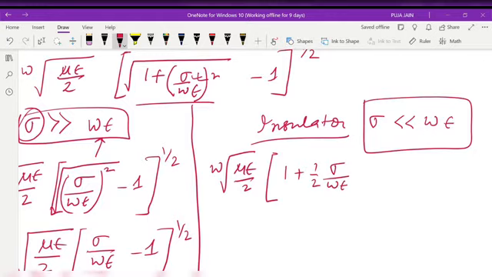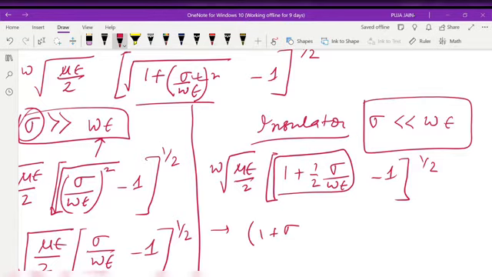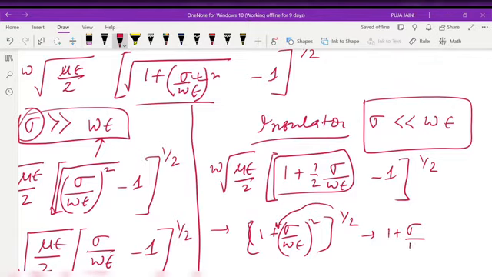Okay, I hope you understood this. This is coming how you see. This is 1 plus sigma by omega epsilon square to the power half, right? Now if we expand this, this half will come here, 1 plus nx, this formula. So this we will get. Okay, again we will get some higher order terms, but we are neglecting this.